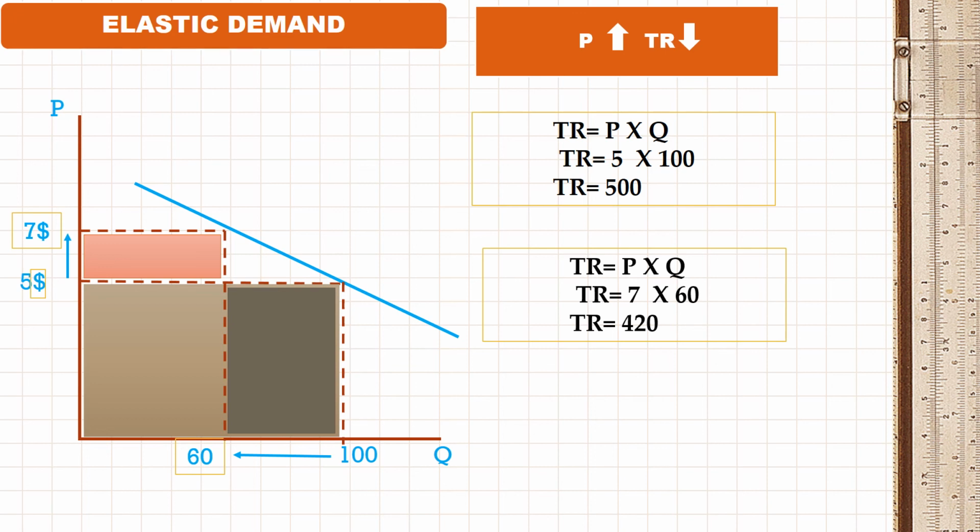So selling goods at a higher price is not a good option because quantity demanded has decreased more than the increase in price level, which leads to a fall in total revenue. So this is not profitable for commodities with elastic demand.